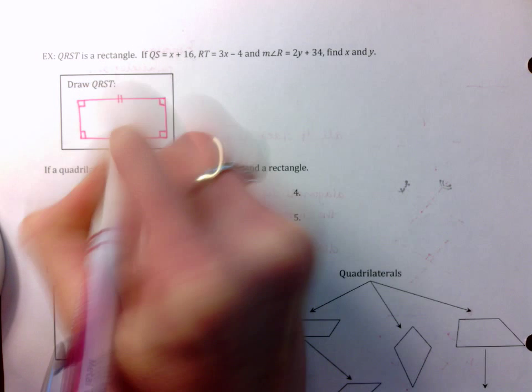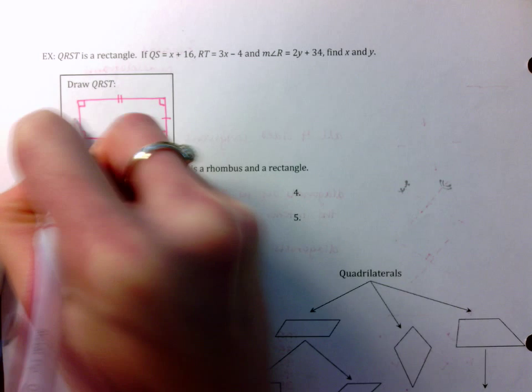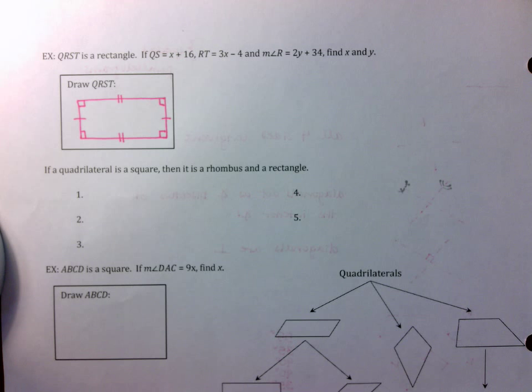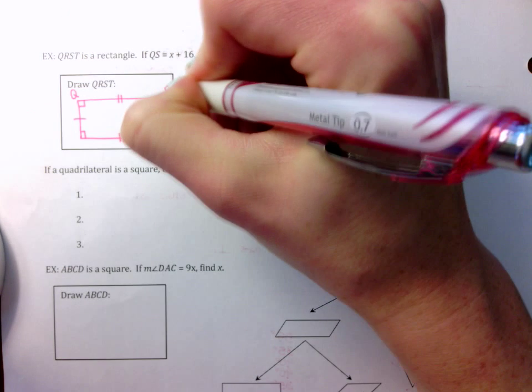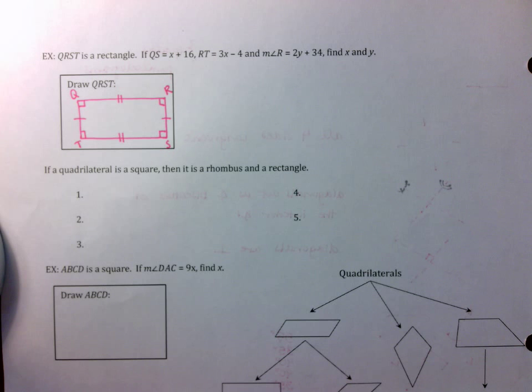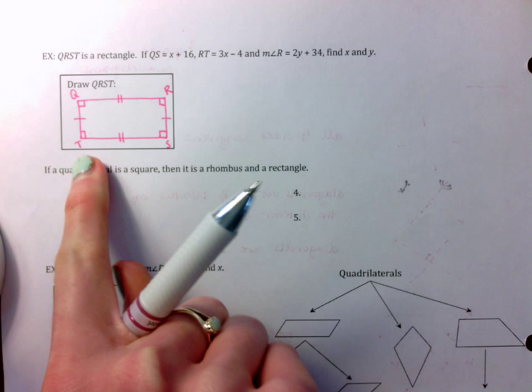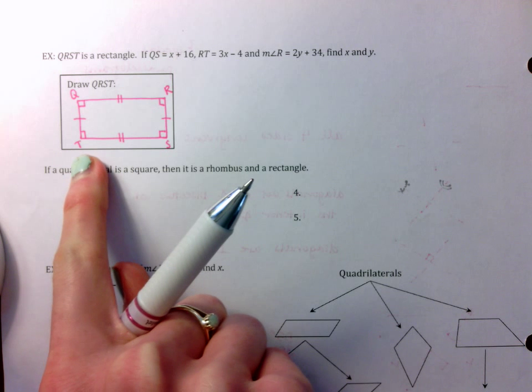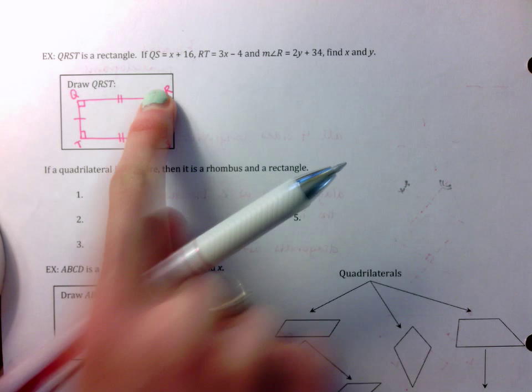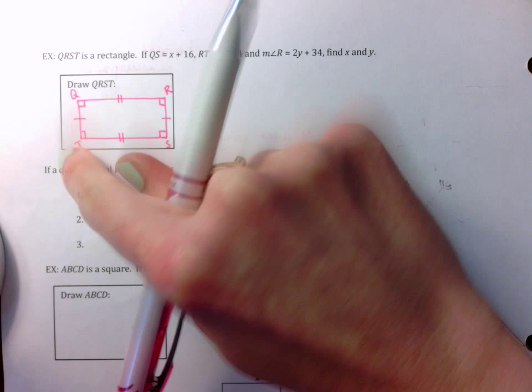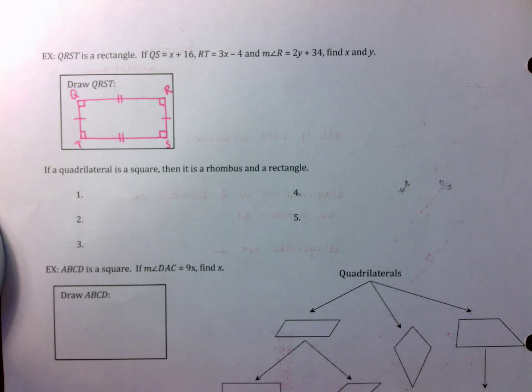I'm going to make my opposite sides congruent by drawing different numbers of tick marks, and for right now I'm not going to draw the diagonals in, but we need to label our vertices Q, R, S, T, and it doesn't matter which order you put the letters in. When we solve this problem, it may be that QR is actually the shorter side and maybe it went like this, but it doesn't matter for right now.